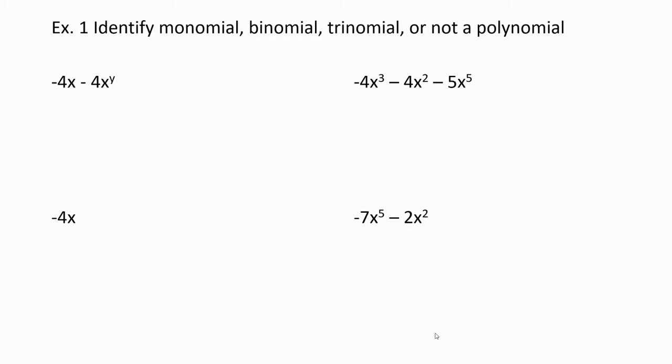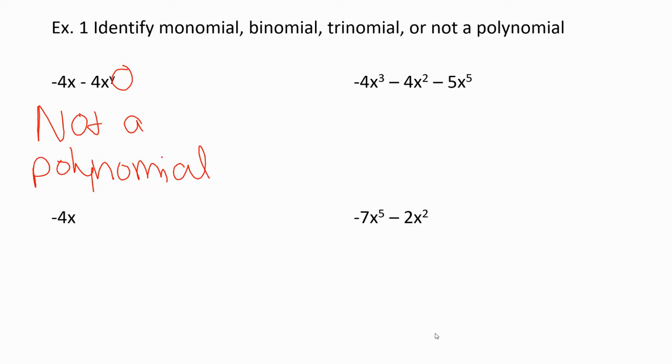So example 1, we're going to look at identifying monomials, binomials, trinomials, or not a polynomial. When we look at this first problem, we can see that the exponent is a variable. So that tells us that it is not a polynomial. I believe there will be a little button on GMM that will say not a polynomial. You'll just click that. When we look at this next problem over here, it has 3 terms.